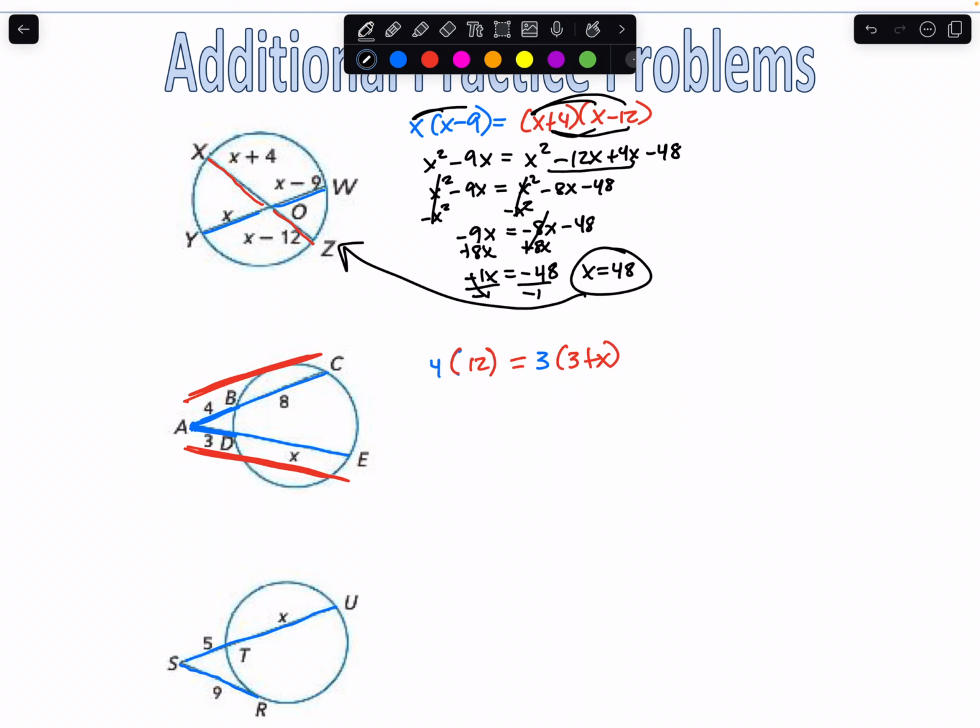Once it's set up, I can just multiply. 4 times 12 is 48. 3 times 3 is 9. 3 times x is positive 3x. Subtract the 9 on the other side. 3x equals 48 minus 9, which is 39. When I divide both by 3, I get x equals 13.